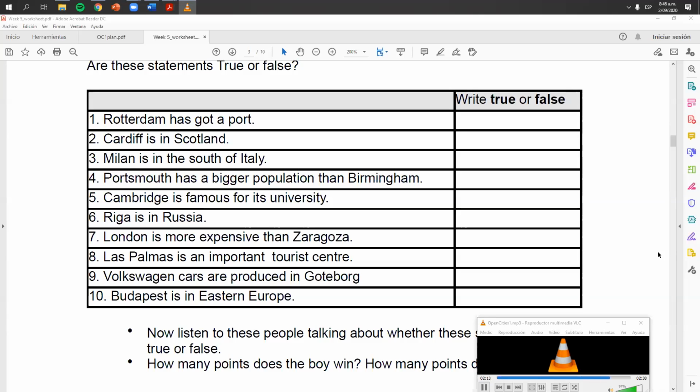The answer is yes. And finally, is Budapest in Eastern Europe? I think so. It's the capital of Romania, isn't it? It is in Eastern Europe, but it isn't in Romania. Correct. It's in Hungary, which is an Eastern European country. Okay, let's count up the points and see who has won.